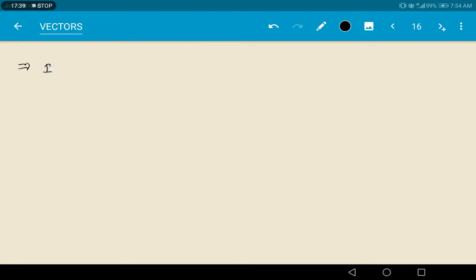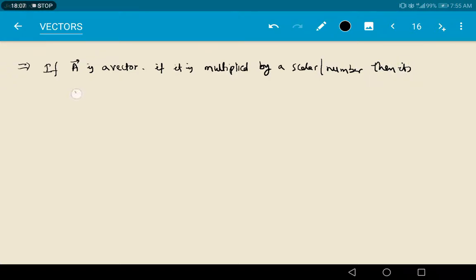For suppose a bar is a vector, if it is multiplied by a scalar or a number, then its magnitude increases.